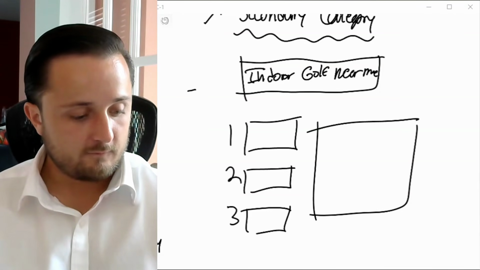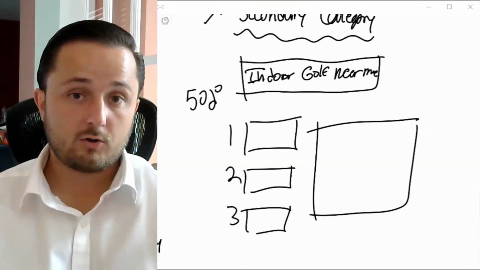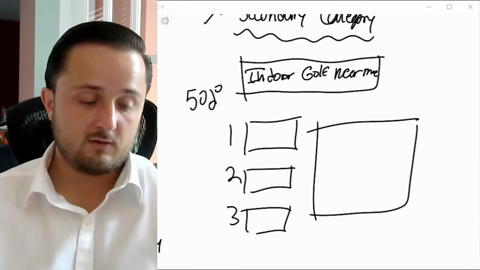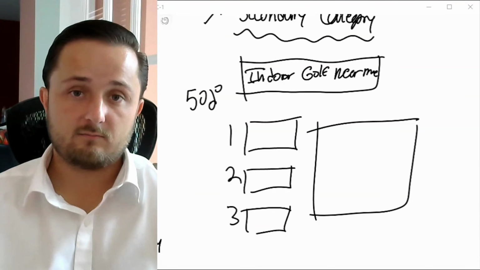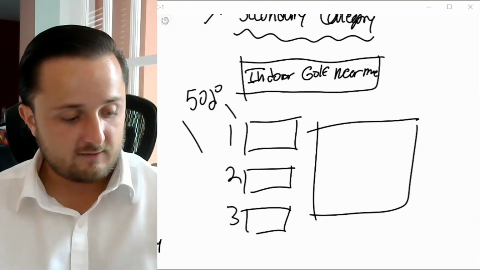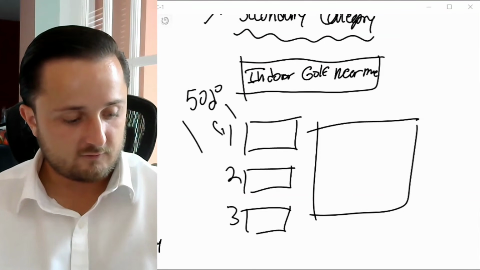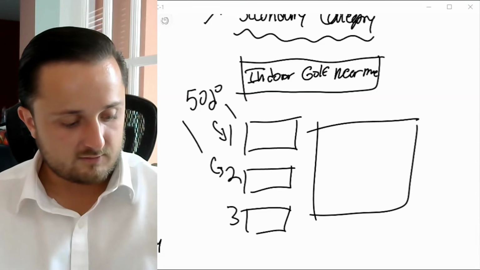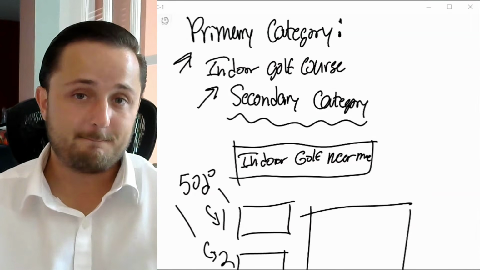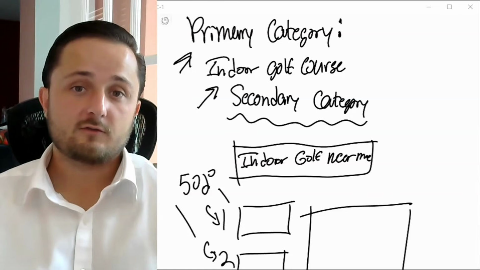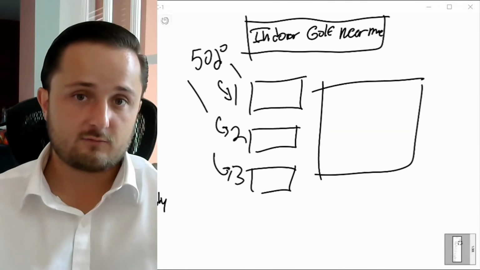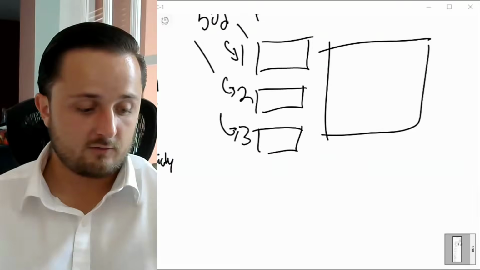Close to 50% of the traffic when someone searches a local intent term like indoor golf near me goes to these first 3 positions. If your primary category does not match your actual services or products, you're not going to appear in this 3-pack. It's going to hurt your rankings.